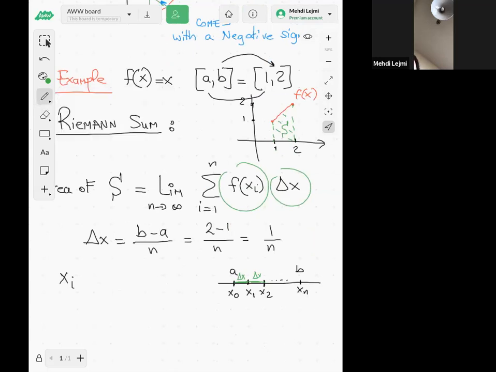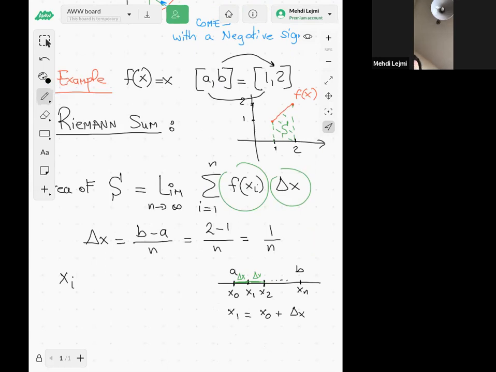So for example, x1 would be equal to x0 plus delta x, because the distance between x1 and x0 is delta x. So then x1 would be just x0 plus delta x, right?